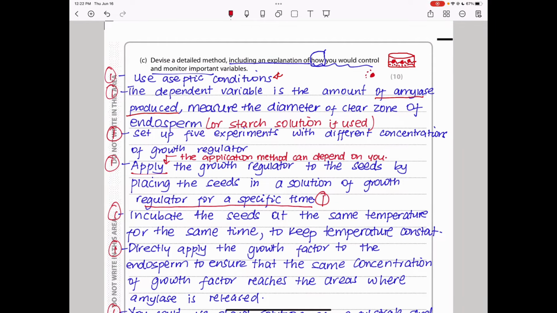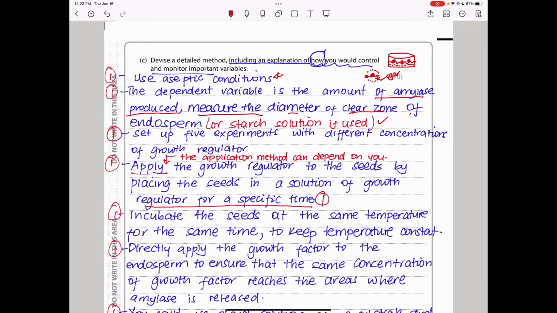So basically, we're going to leave a clear zone around the seed. In this clear zone, we're going to have agar left, but the starch is going to be gone because it has been digested. And we can measure the diameter of this clear zone around the seed, and that can be a way of interpreting how much amylase was produced. So we'll measure the diameter of the clear zone of the endosperm, or you could use starch solution. This depends on you.